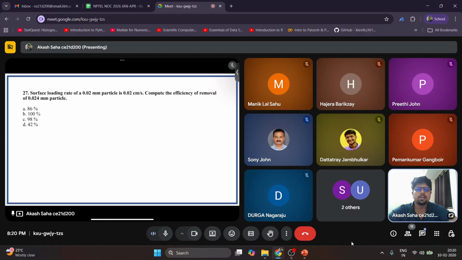So how do you think we will approach this problem? I will give you one hint. No calculation is required for this problem. Zero calculation is required. You can just see and tell the answer.